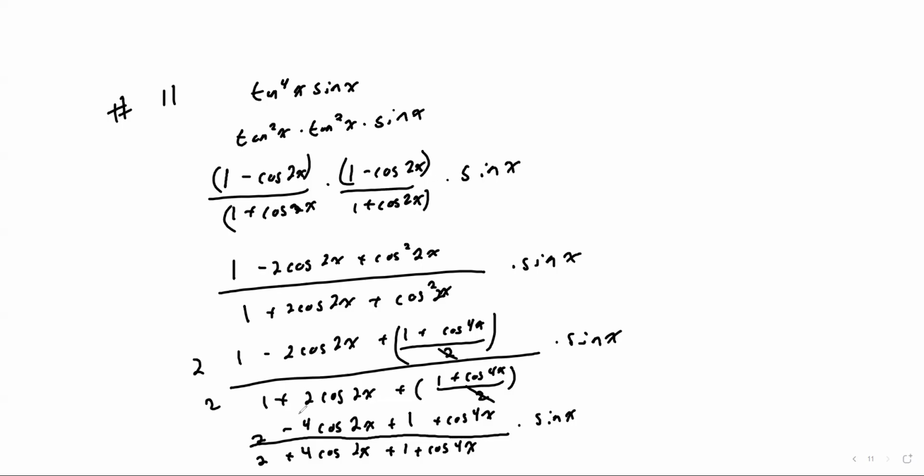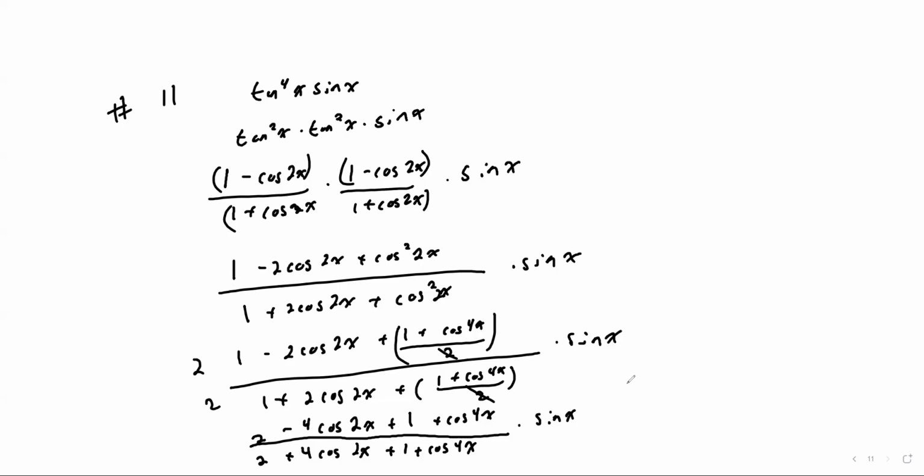And when you distribute that sine, man, it seems like it's so much extra work. See, hold on. So if we do this right here, this will give us 2 minus 4. And if you're dividing both of them by 2, keep change flip, the 2's will cancel. So yes, this is where we're at.